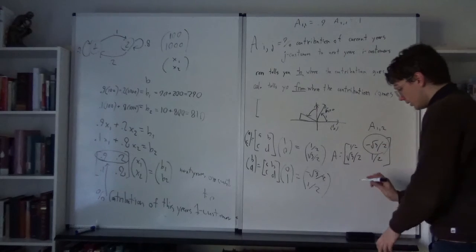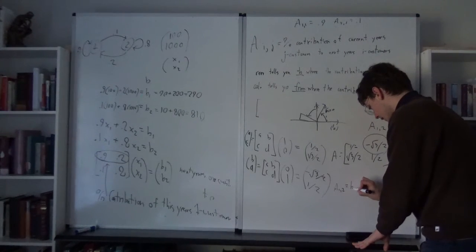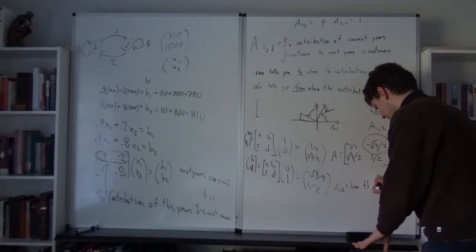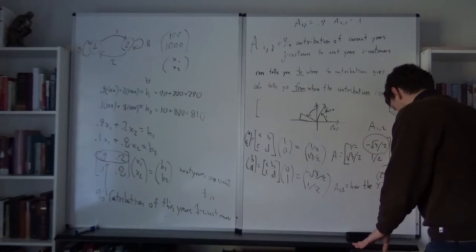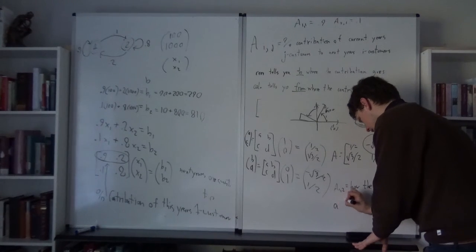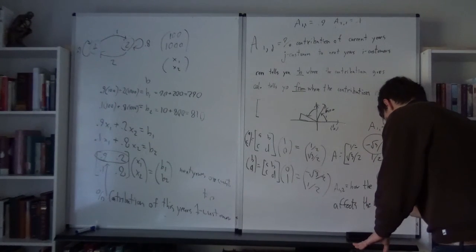So basically this right here tells me A12 equals how the y-axis, second coordinate, affects the new x-axis, first coordinate.